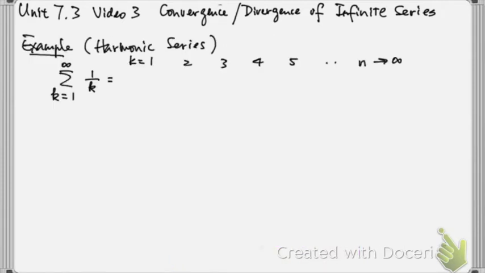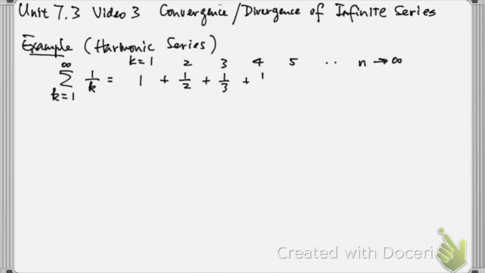So to answer that question, let's take a look at a series called the harmonic series. It is almost like the reciprocal function. The way it works is that it is a term comprised of 1 over k, where k is the index of the term. So when k is equal to 1, I have 1 divided by 1, which is 1. When k is equal to 2, it is 1 divided by 2, that's 1/2. When k is equal to 3, it is 1/3.